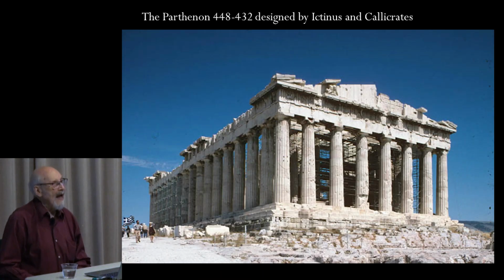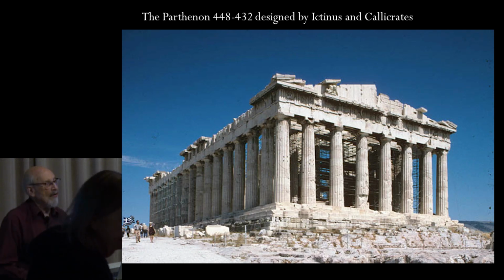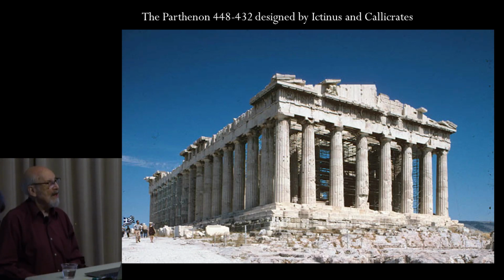Well, last week I compared Greek and Roman architecture in certain very important respects. Greek architecture is the architecture of columns and beams, post and lintel. We have verticals and horizontals.